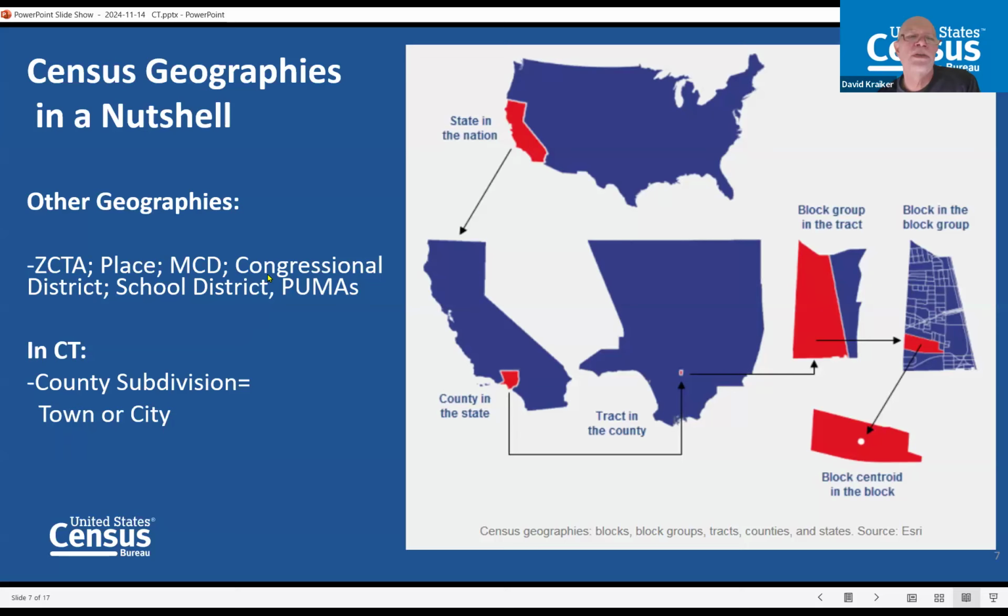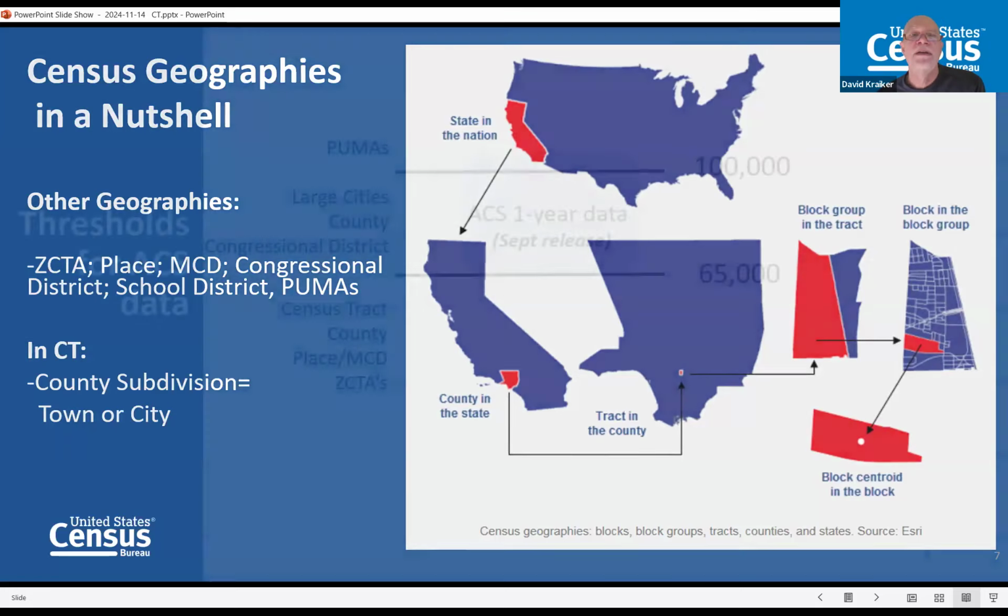Congressional districts, school districts, you get data. Public use microdata areas, you can get it. And then down here we have county subdivision, and I'll probably show you tract and county subdivision today. County subdivision is how you say town or city in Connecticut, and you can get that data that way. So that is sort of the secret wording to find that data.